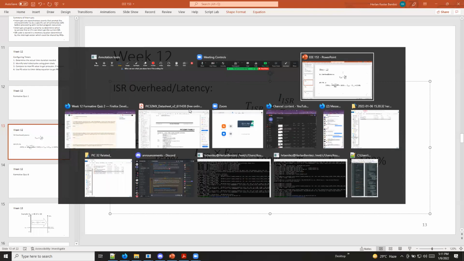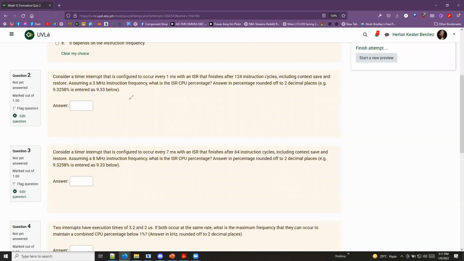ISR percentage is the ISR instructions times the frequency over the clock frequency, FC.